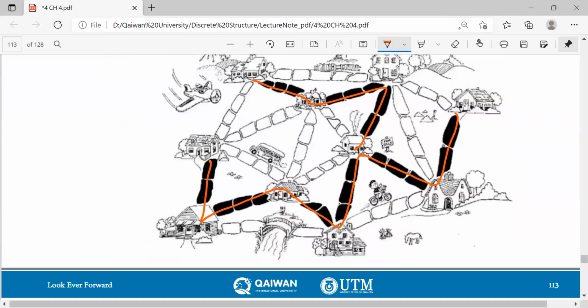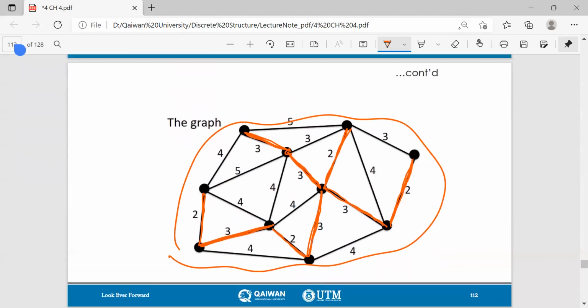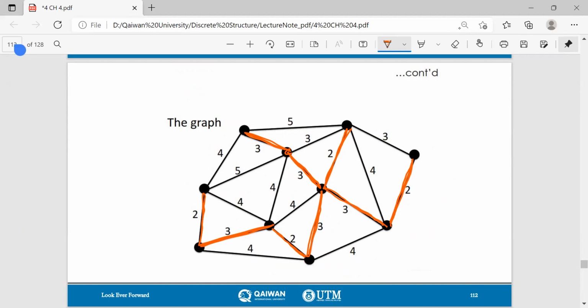This is the minimum spanning tree. We don't have to take any closed cycle. If you have any closed cycle, that means it's not a tree. But here we talk about spanning tree, so it must be a tree.